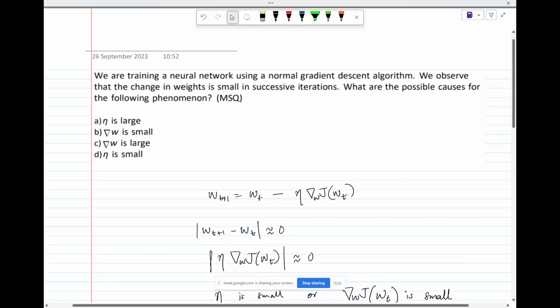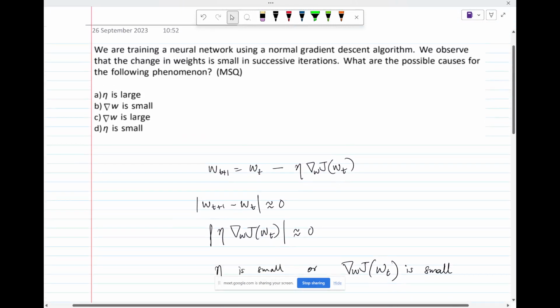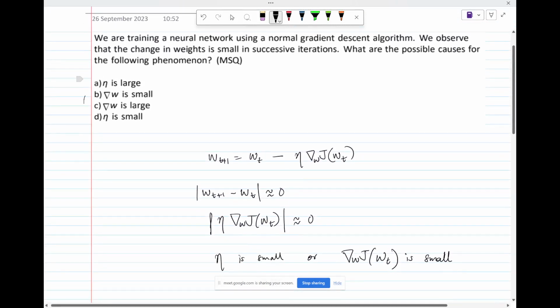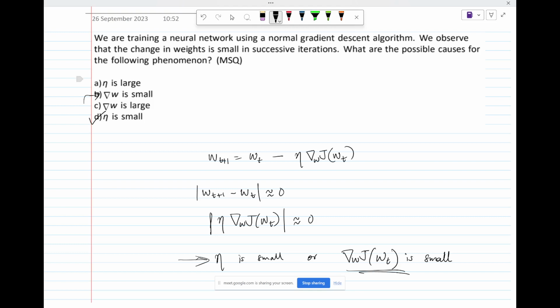So that is what we have in our options, right? I think this is the gradient with respect to w. So eta is small or gradient is small. That is this option.